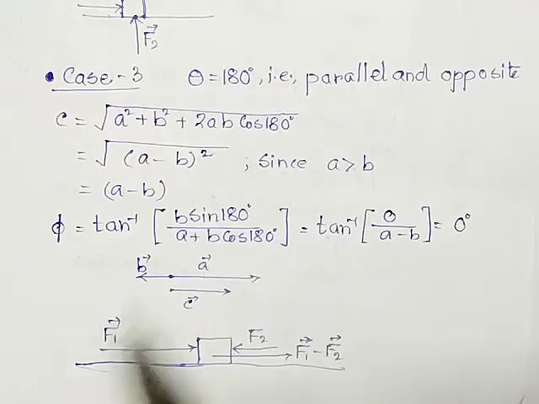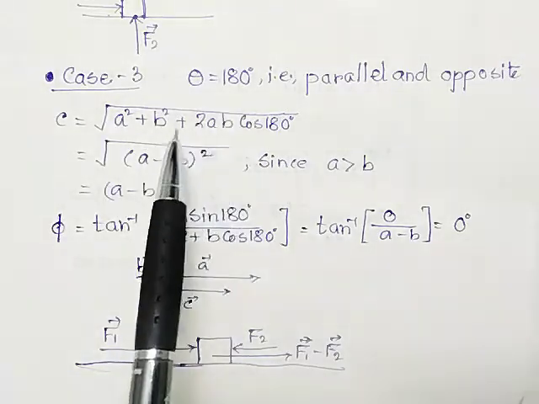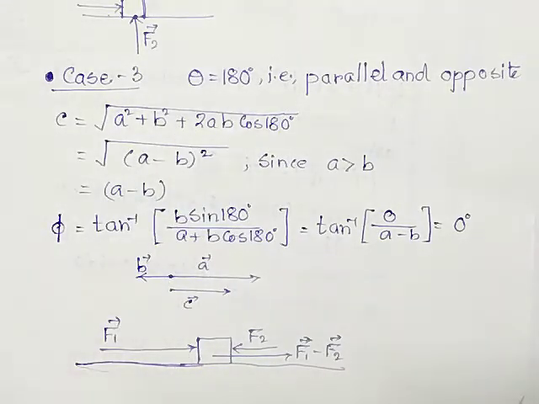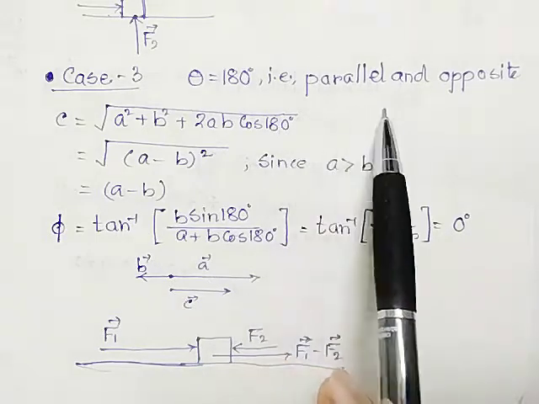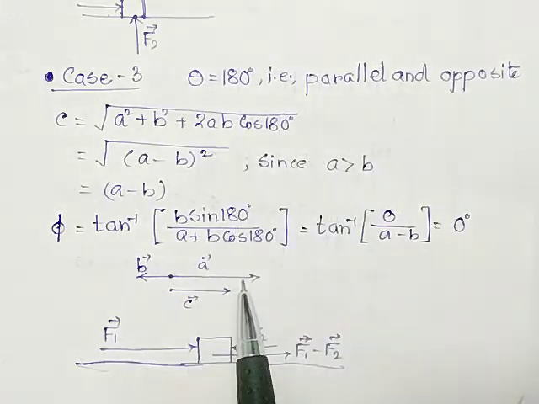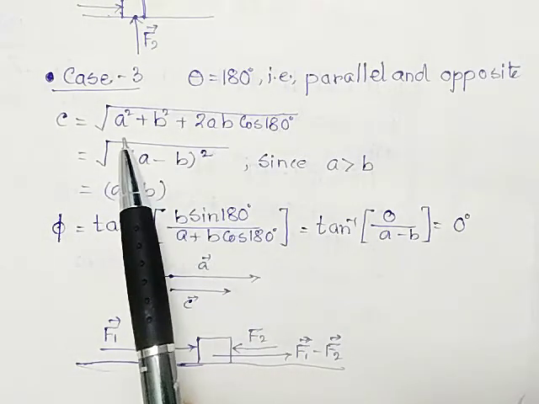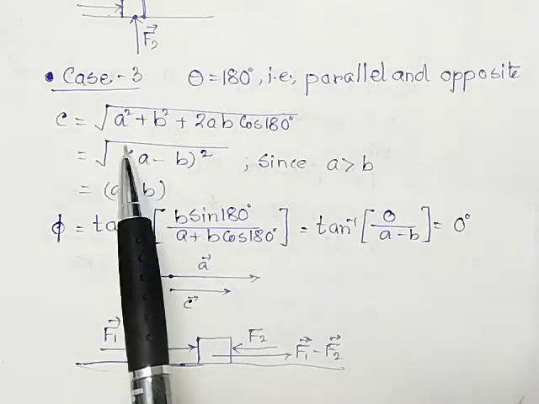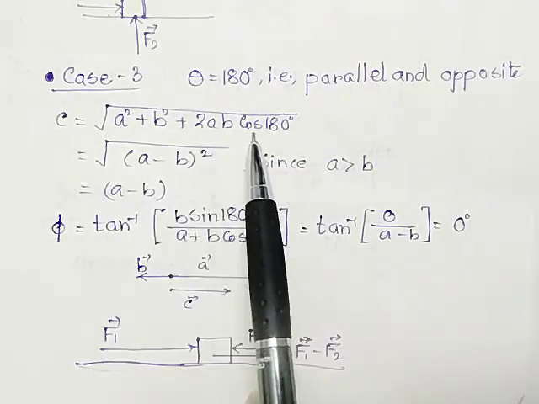Just see here, the last possibility is that the angle between the two vectors is 180 degrees. That is, two vectors are completely opposite to each other, just like this. The a vector and b vector are opposite to each other. If they are parallel and opposite vectors, or collinear and opposite vectors, we can find the resultant using the law c equal to root over of a square plus b square plus 2ab cos theta.